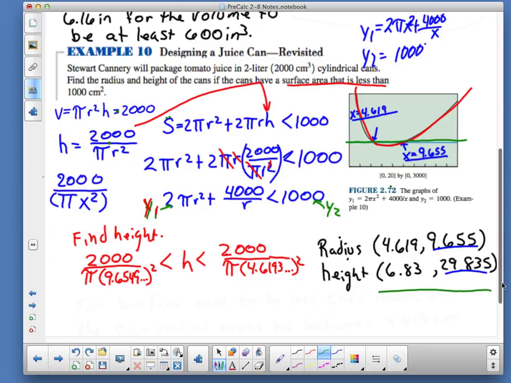But you got to keep in mind, my 9.655 returned my 6.83 height. And my 4.619 returned my 29.835 height. Okay, because of what's going on. The smaller that radius was, the larger the height is, because it's holding that volume. Does that help? Okay, any other clarifications?